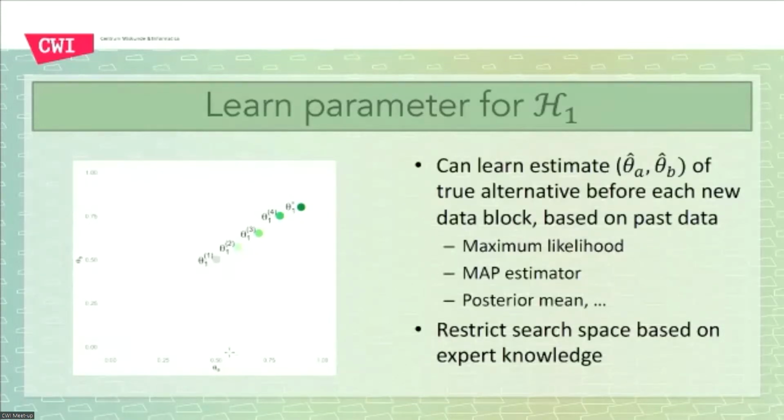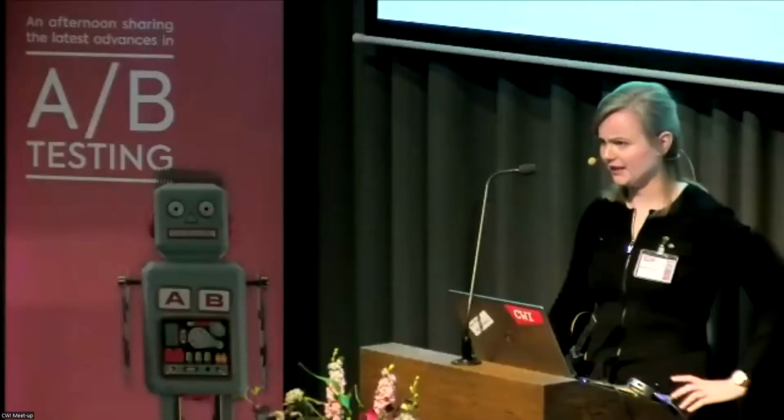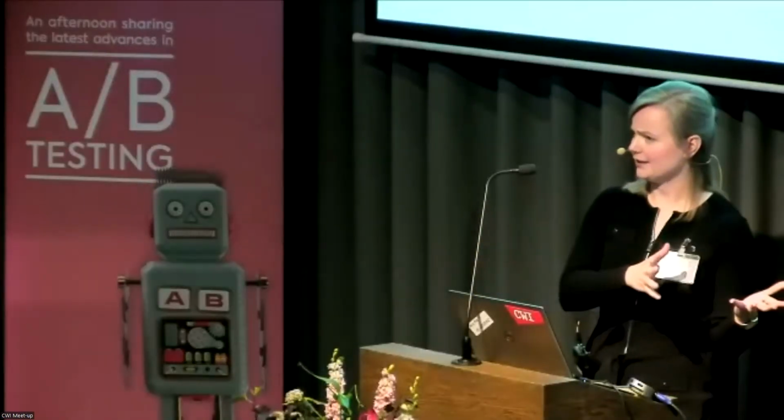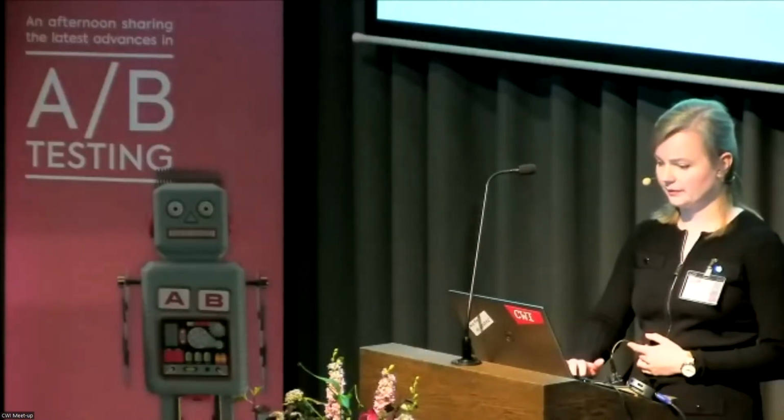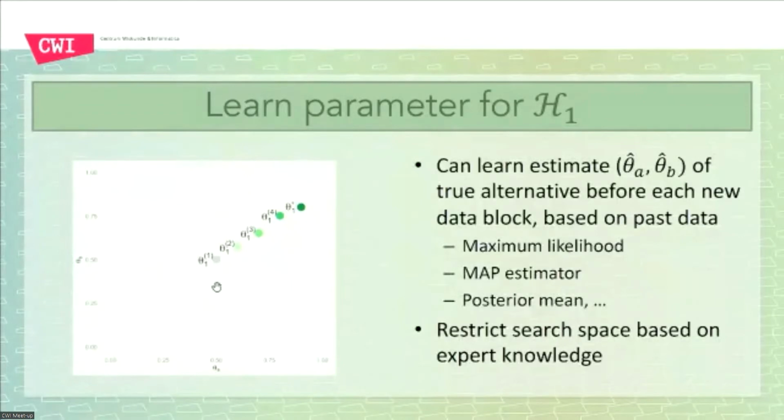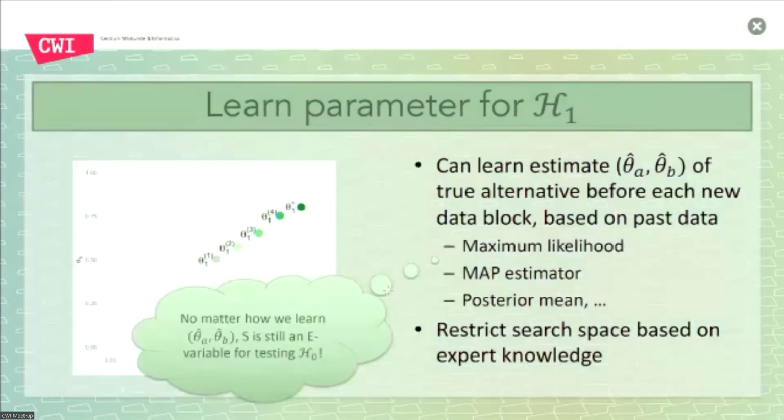So what would this look like? When we have our first data block, we haven't seen any data before, so we just have to start with an estimate of theta A and theta B of 0.5, 0.5. Then as the data come in, we move closer and closer, hopefully, to the real data generating distribution.